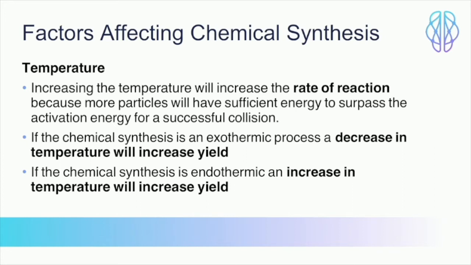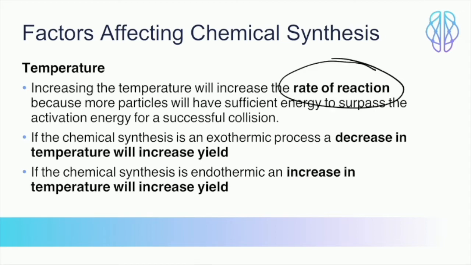If I increase the temperature, I increase the average kinetic energy of each of the particles in your reaction vessel. So when they collide, that increased average kinetic energy means that more particles will have the sufficient activation energy for a successful collision. So your rate of reaction will increase. This is a really easy way of increasing your rate of reaction.